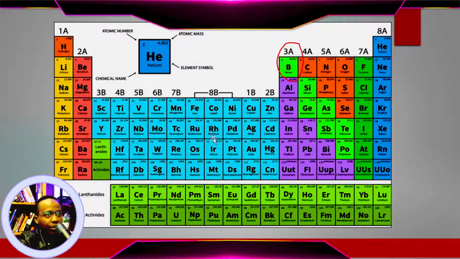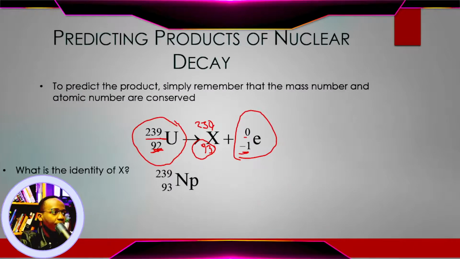All right. So if you search, locate 93, down here you see that you have neptunium as 93. So that's where the Np is going to come from. All right. So the numbers, and then the bottom number will give you the symbol.